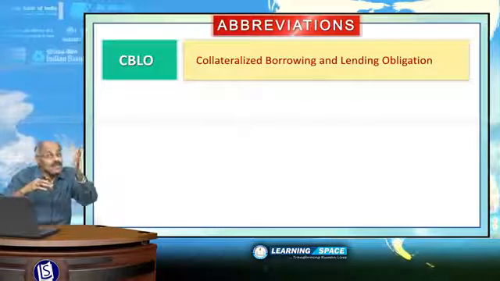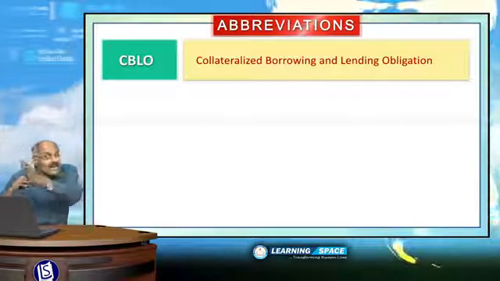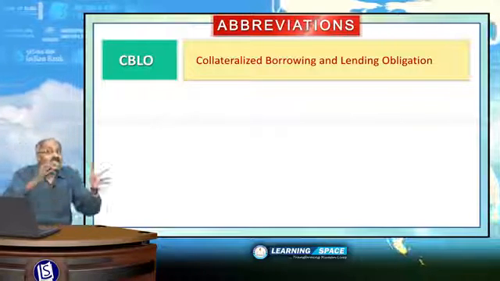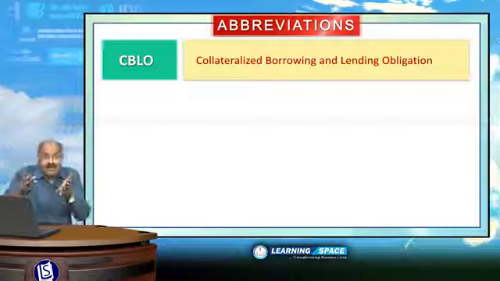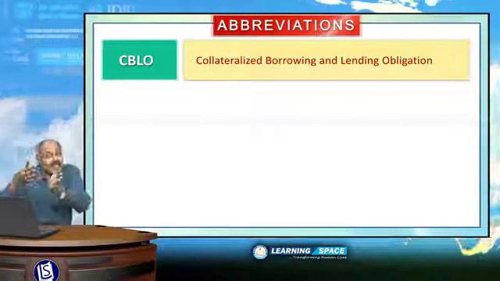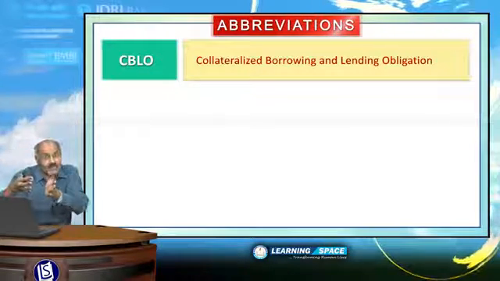So this collateralized borrowing and lending obligation is a money market instrument, and here the collateral security is treasury bill or government dated security, please don't forget.